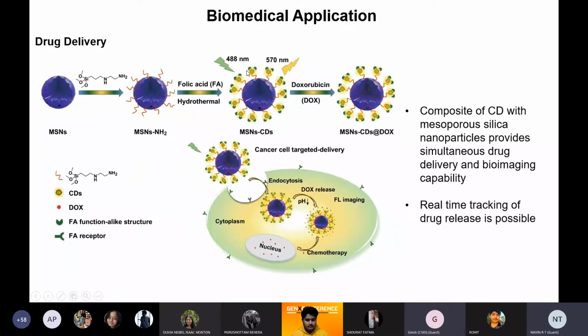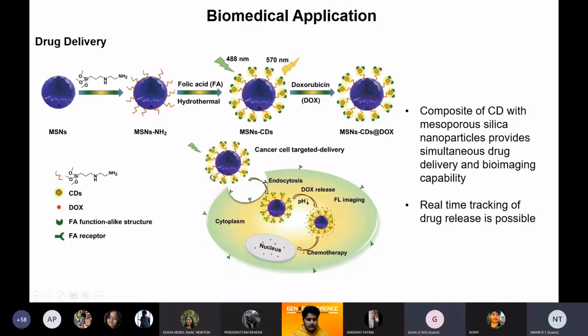So now, once fluorescence has come because of these carbon dots, they loaded this mesoporous silica nanoparticle. As I already said, these are very porous silica nanoparticles. They loaded this with doxorubicin, which is an anti-cancer drug, and they treated the cells with this composite. Because of the carbon dots, the release profile of the doxorubicin could be tracked in real time.